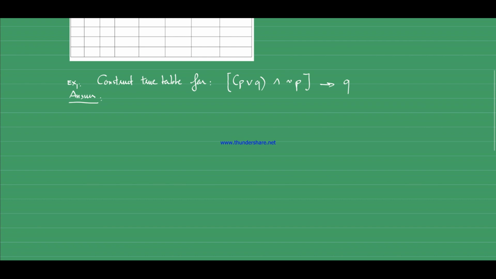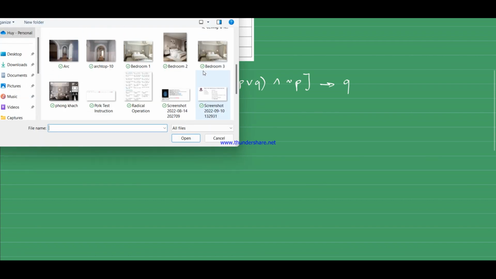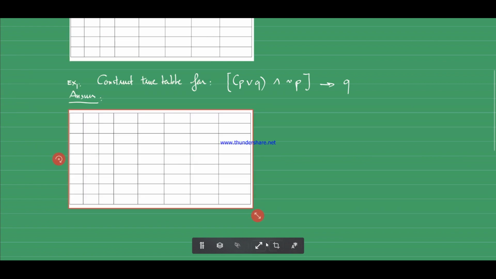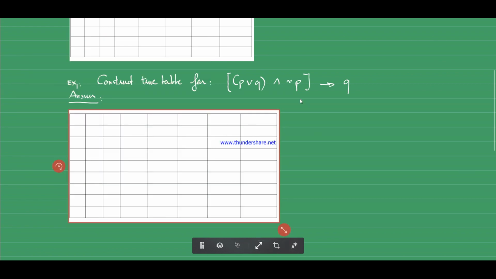Okay, first of all, we need to get the table. Again, we have only two simple statements, P and Q here, so we have only four arrangements. So we have P here, Q here.